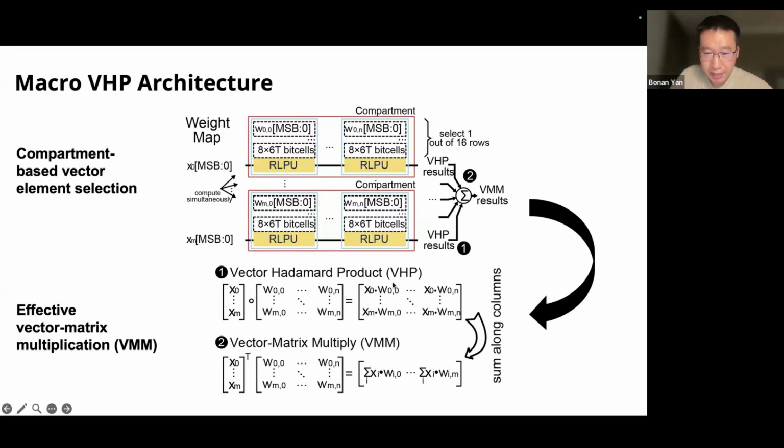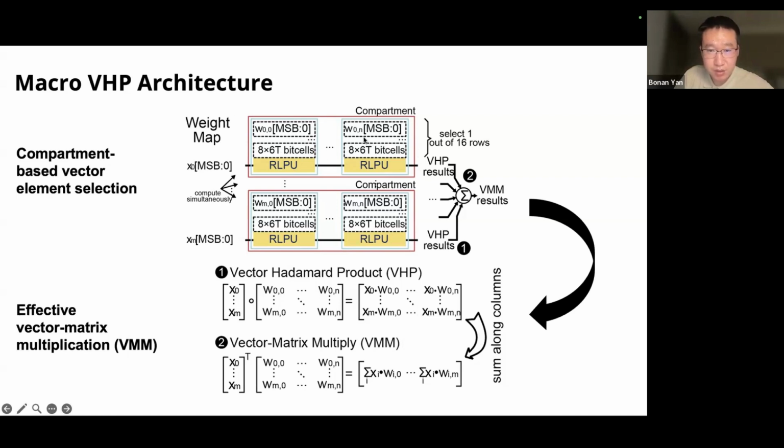After that, we add each column together, and we get a row vector. This becomes the result of the VMM. So basically, this is the idea, and we can emulate the steps of this operation and design the circuits.